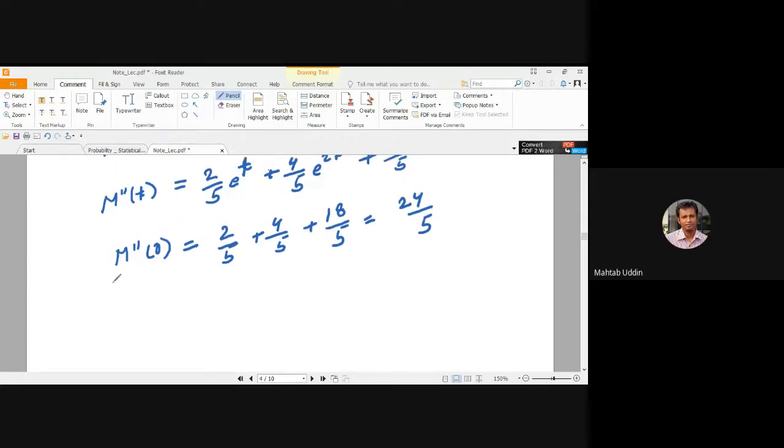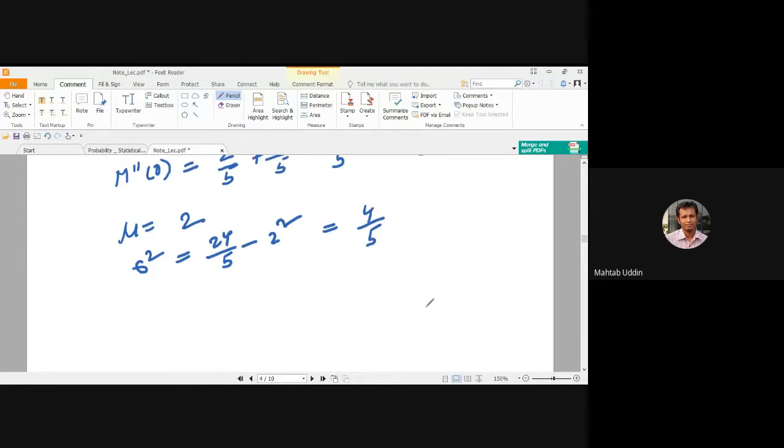So the mean equal to M dot of 0 is equal to 2, and the variance is M double dot of 0, 24 by 5, minus M dot of 0 whole square, 2 square. So 24 by 5 minus 4 is 4 by 5. Then the standard deviation is the square root of 4 by 5, which is 2 by root 5. That is the answer.